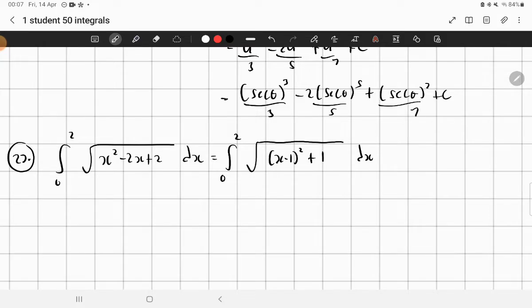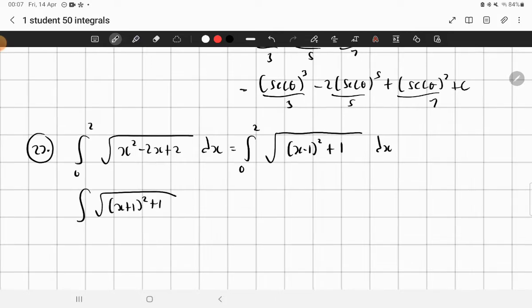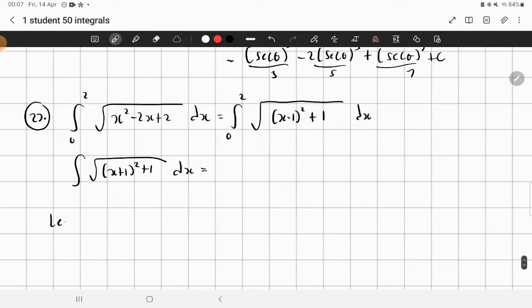Sorry, not u sub, trig substitution. So I'm going to create an indefinite integral: the square root of x minus 1 squared plus 1 dx. Now let x minus 1 be tangent theta, and the first derivative will be secant squared theta d theta.